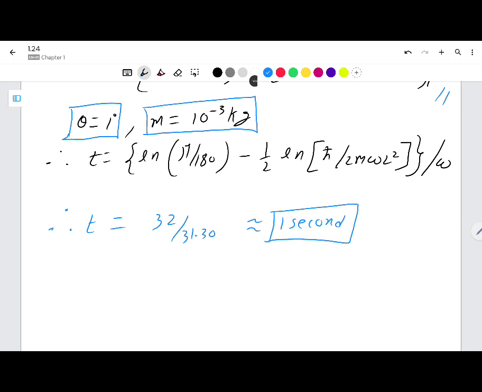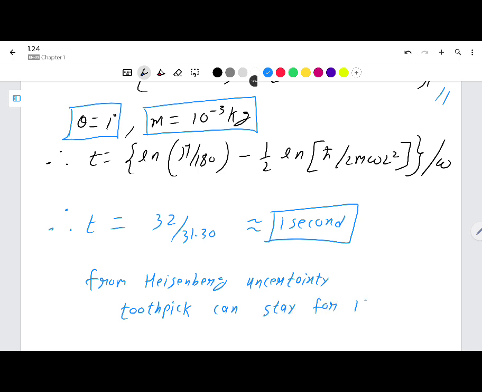Okay, so from Heisenberg's uncertainty principle, the toothpick can stay for 1 second without falling.